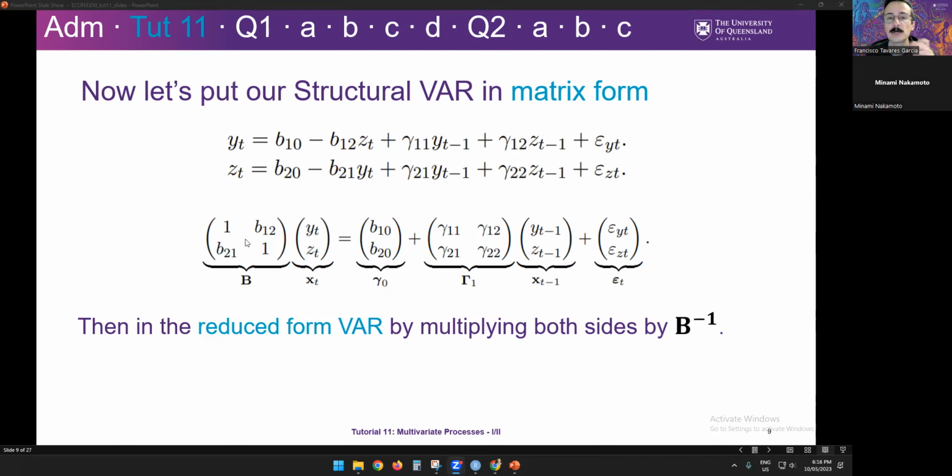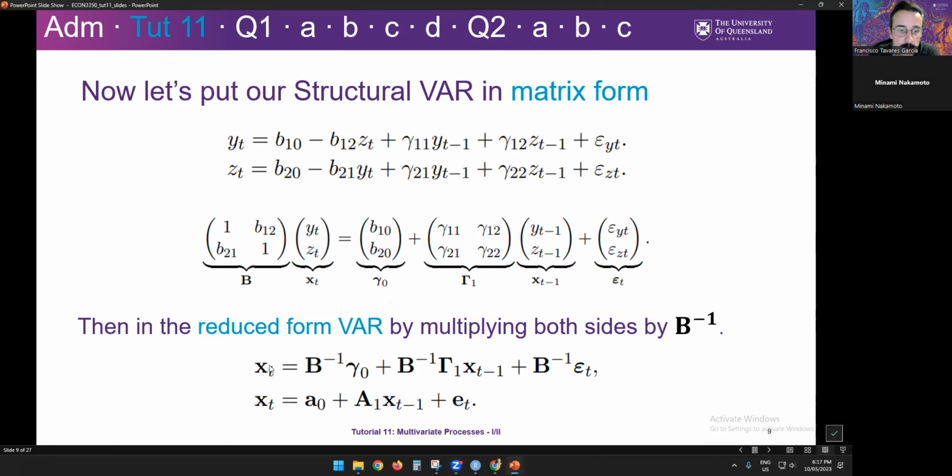But in matrix, it doesn't work like that. In matrix, we multiply this part by b minus 1 and multiply everything else by b minus 1, too. But it always comes before. Let me go back.